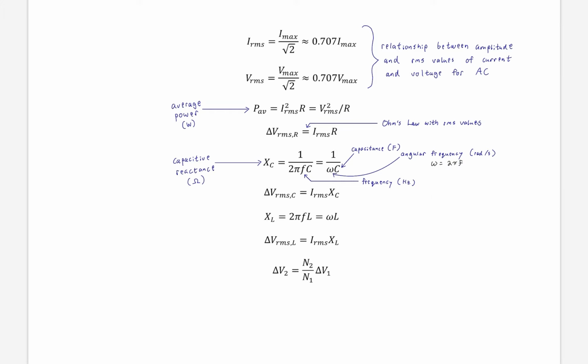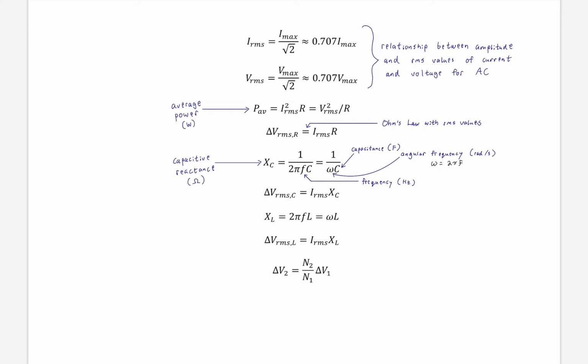What's interesting about this formula is it tells us that capacitive reactance actually goes down as capacitance goes up. So as you have a bigger and bigger capacitor with more and more farads, you're going to have less and less reactance. It's going to impede the current less and less. So a really big capacitor doesn't have a big effect on the actual current.